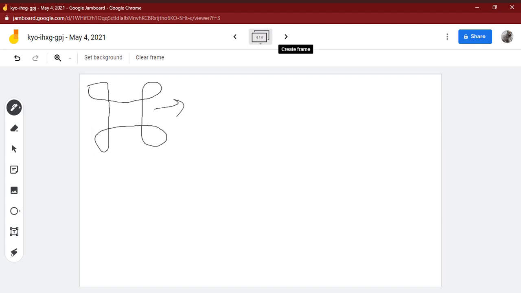I can draw one puzzle over here, and you can also see in the PDF that I have given to you, there are three puzzles given. So one of the puzzles I'll draw over here. Okay, not like this.